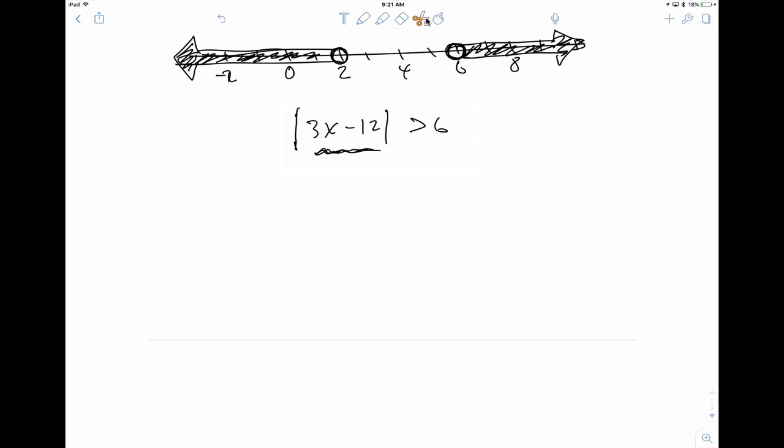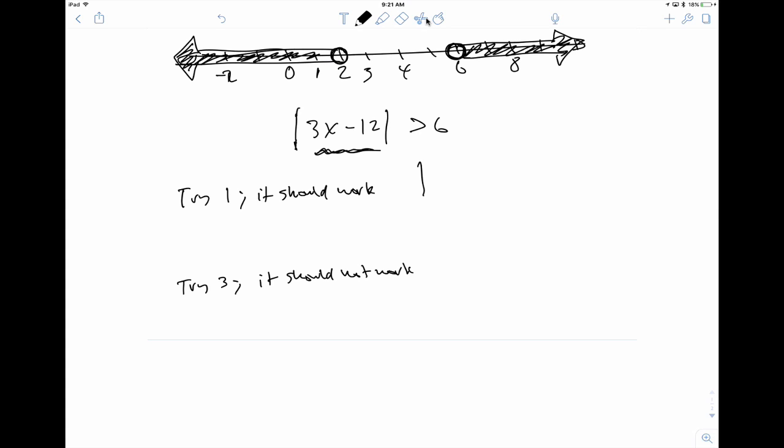A number that will work is, for example, 1. And a number that won't work is, for example, 3, if we are correct. So let's try 1. It should work. And let's try 3. It should not work.